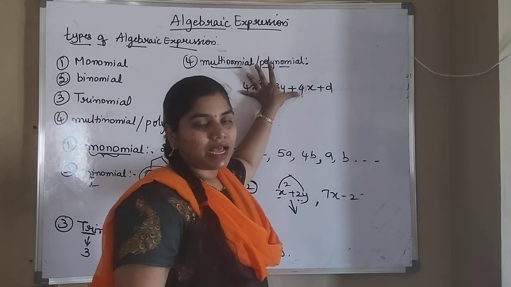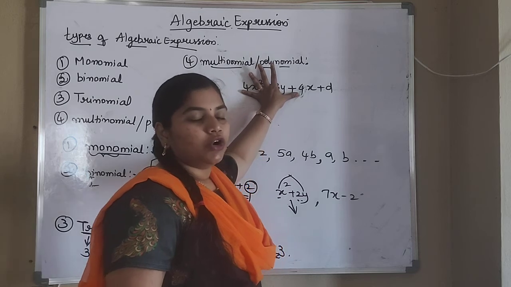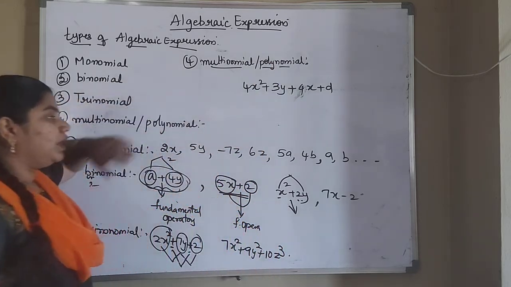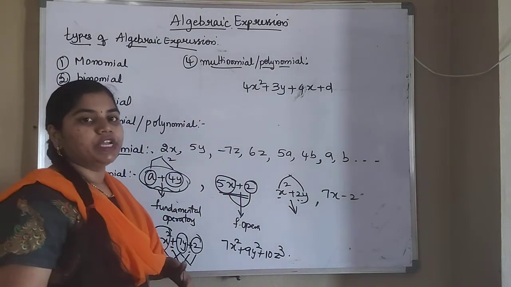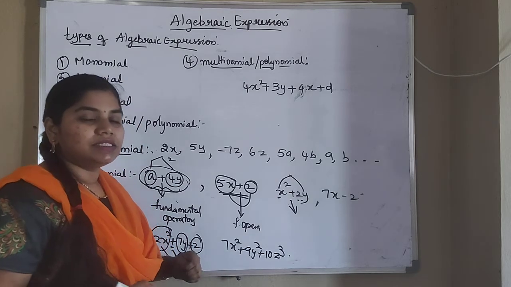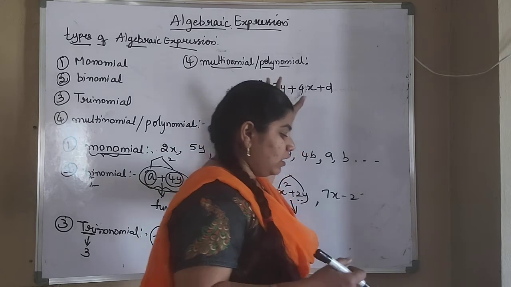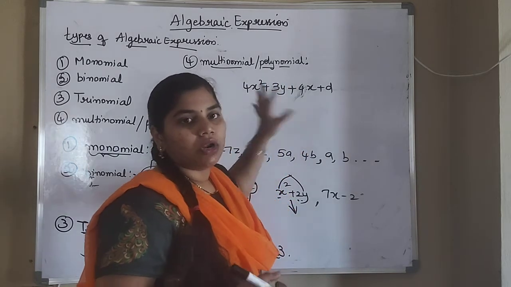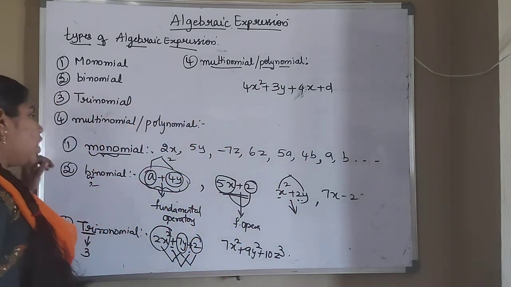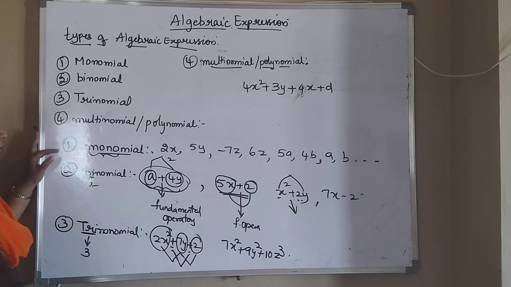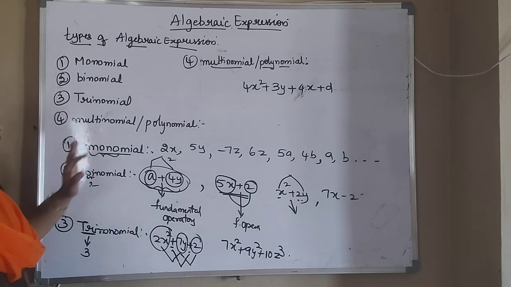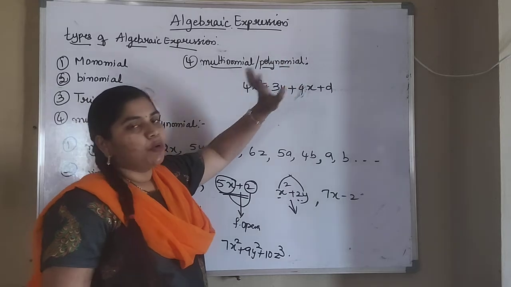So this is called a multinomial. So what do you mean by multinomial? One or more terms combined with fundamental operations, we will call it a multinomial. So how many different types are there? Monomial, binomial, trinomial and multinomial or polynomial.